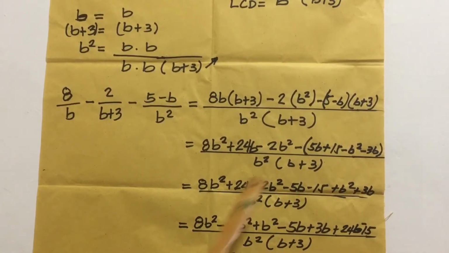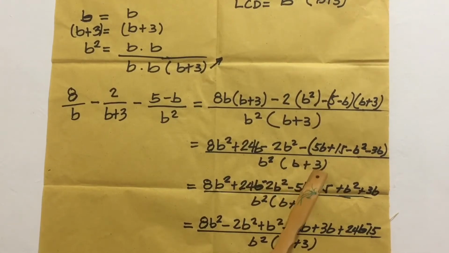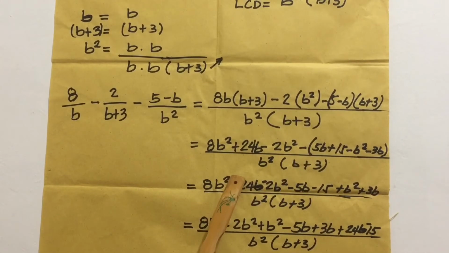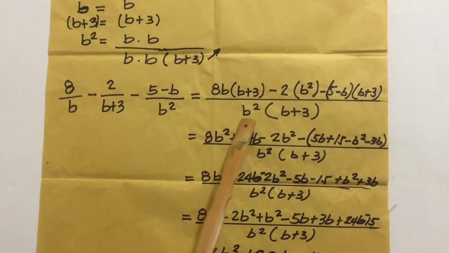Then copy here the denominator, we have b squared times b plus 3, so we're going to simplify again. To remove the parentheses here, copy the same denominator, and this one just copy.